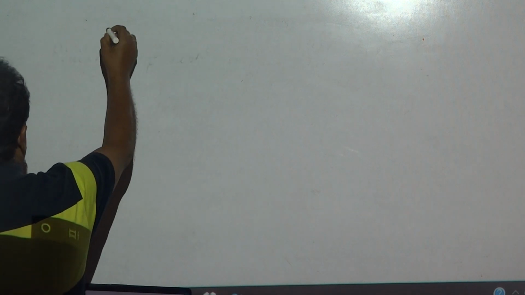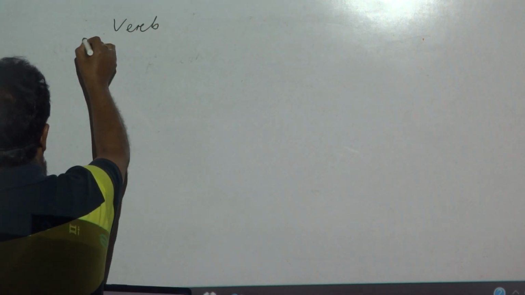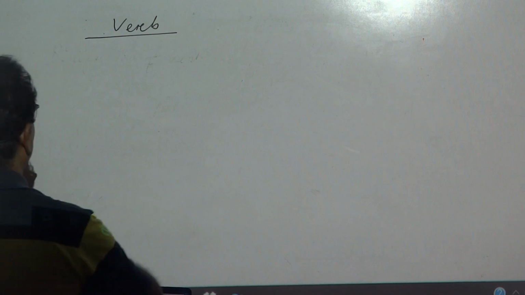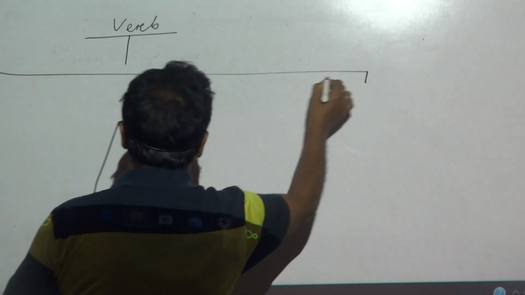Let me ask you, verb, okay? If I ask you, verb means action, you know. It is action, okay? This verb, everybody knows, is divided into two parts.